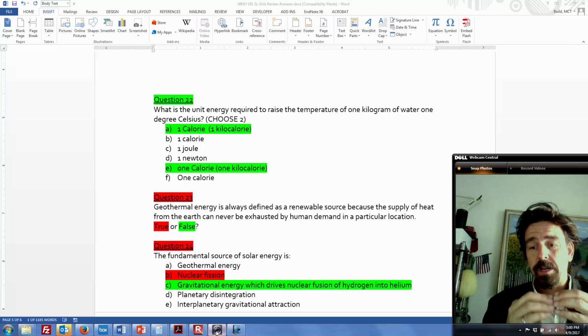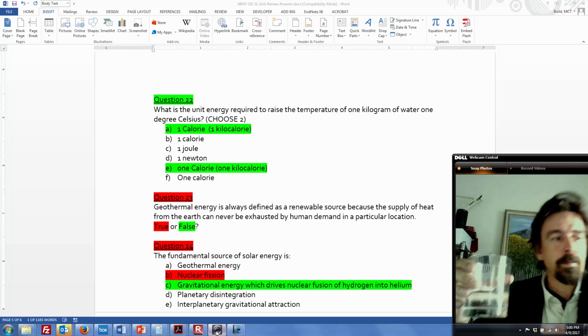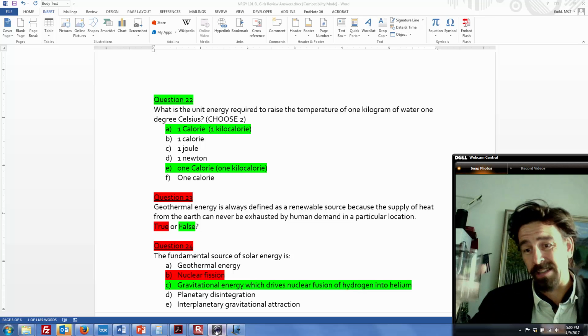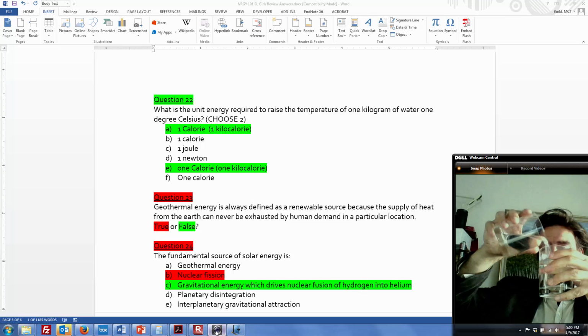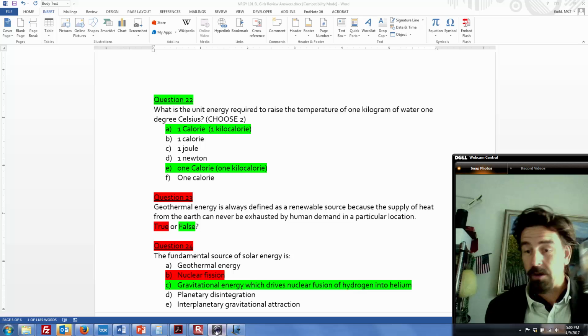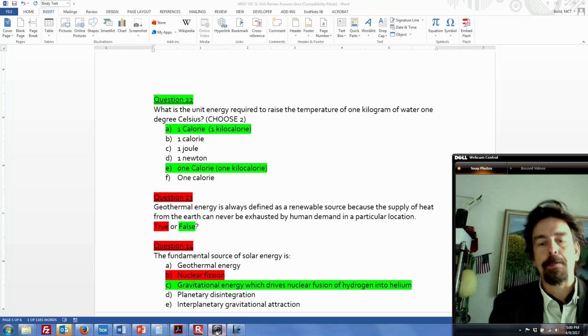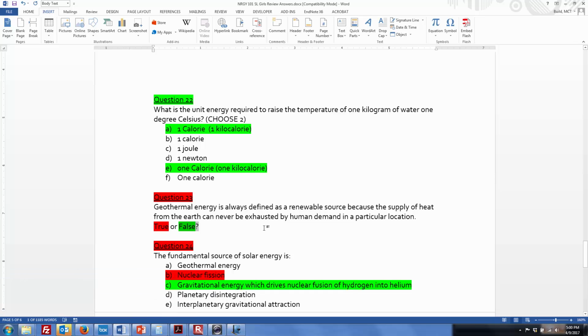I can think of the water as energy, so maybe geothermal comes in like this: drip, drip, drip. But if I go like this, it's too fast. So it can be exhausted. Geothermal can be exhausted, at least in a local spot.